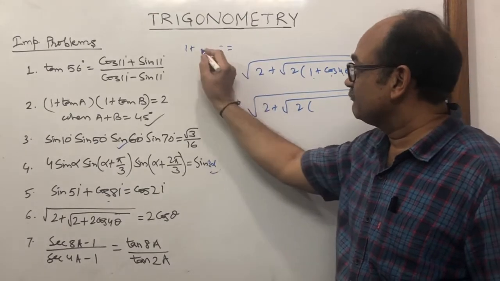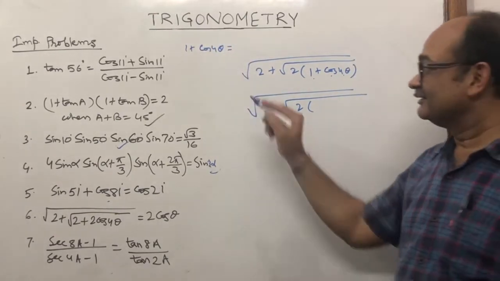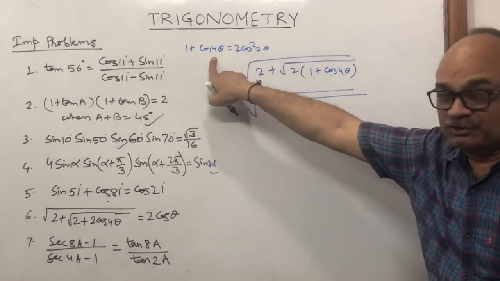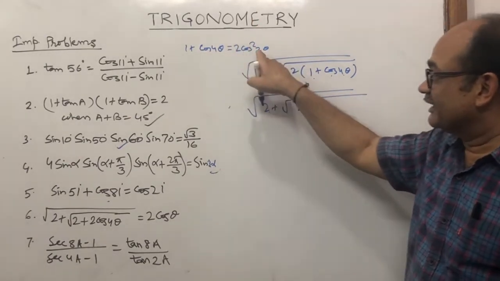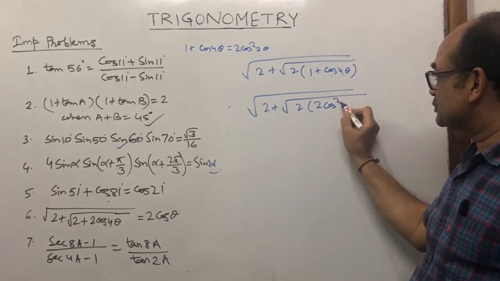So we write directly 1 plus cos 4 theta is 2 cos square 2 theta. Why? If here it is 2 theta, then it is theta. If here it is theta, it is theta by 2. So here we can write 2 cos square 2 theta.